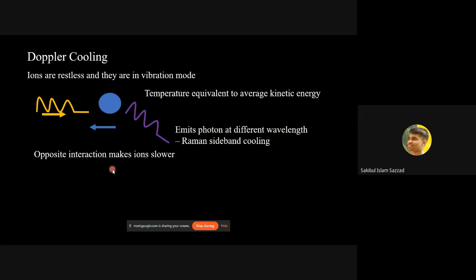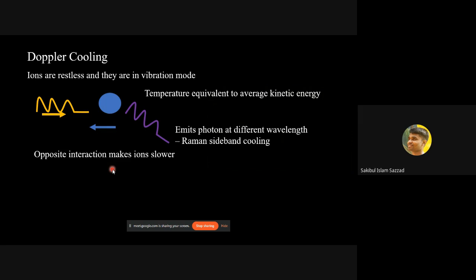Okay, so now we have been able to trap the ion. Now we have to make it rest actually, because ions are restless, they are in vibrational mode. So the question is how we can do it. It is something like a common scenario in our daily life.